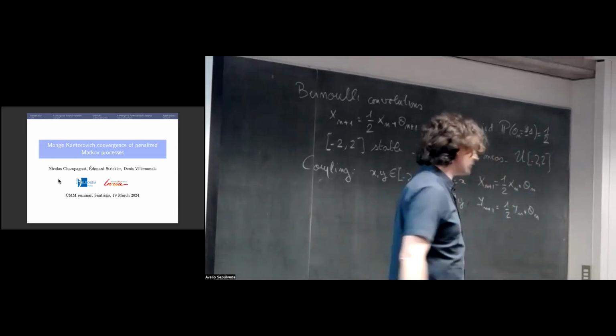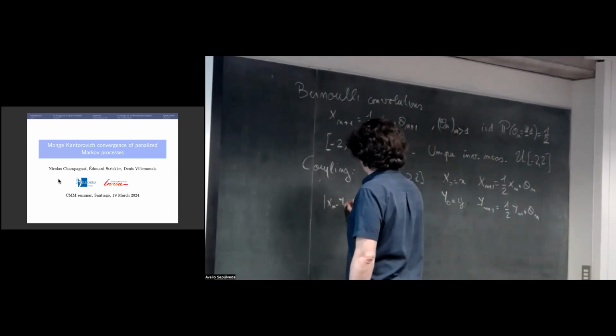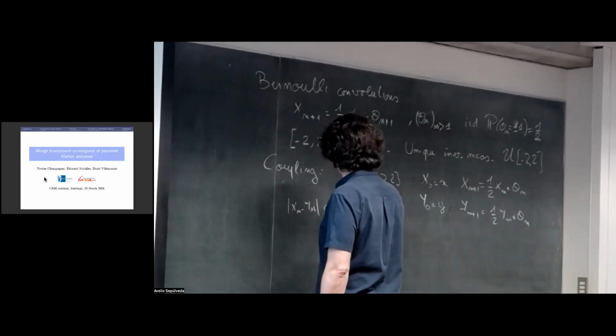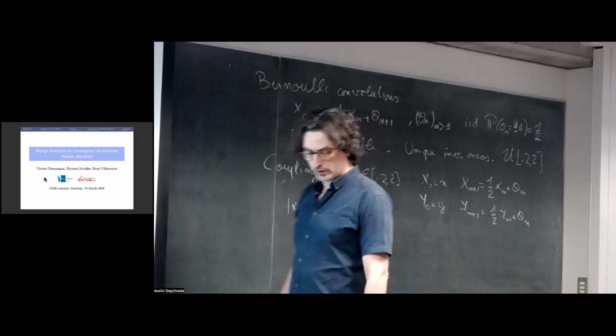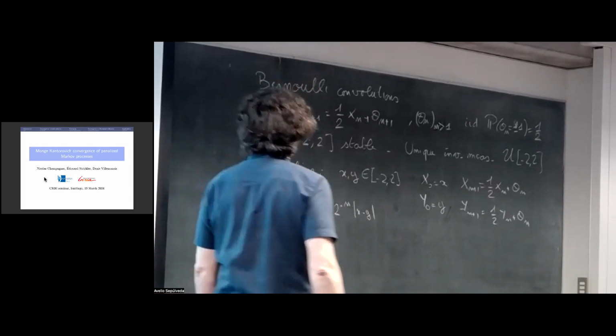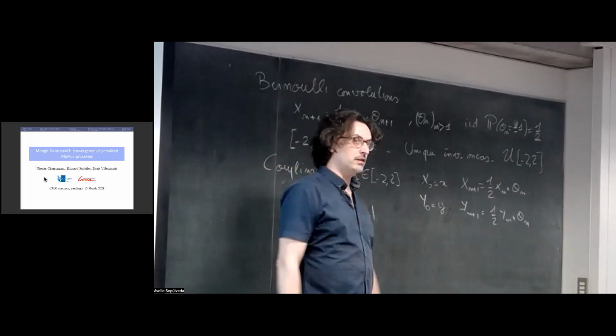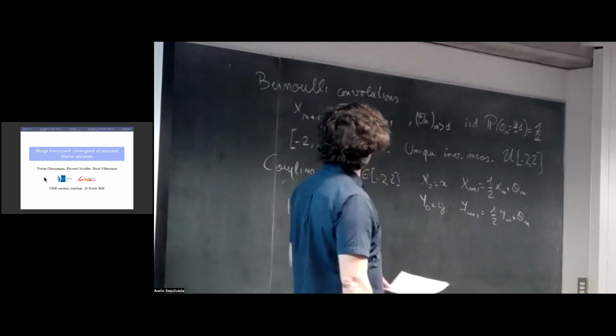And doing that, of course, it's very simple to see that there is a contraction, a geometric contraction between the two Markov chains, because when you make the difference, you cancel the theta n out. And so the asymptotic convergence is quite trivial.